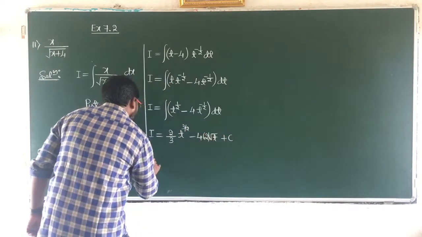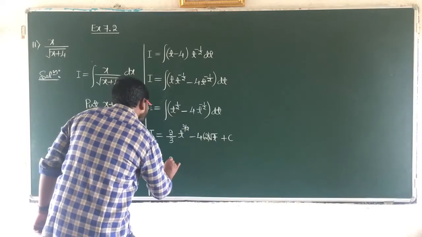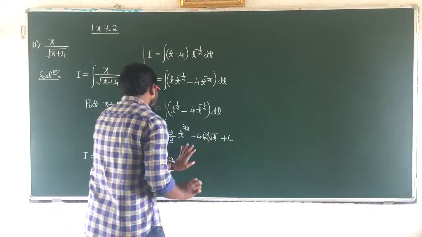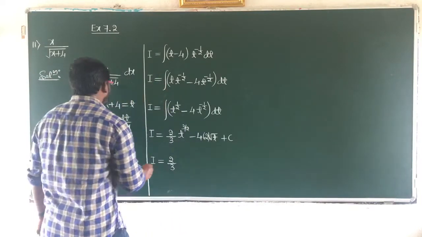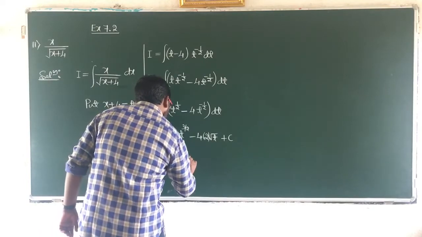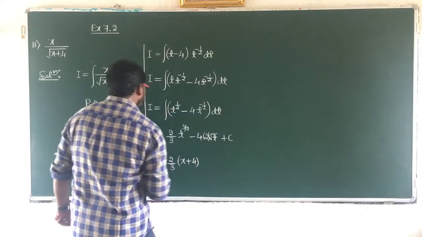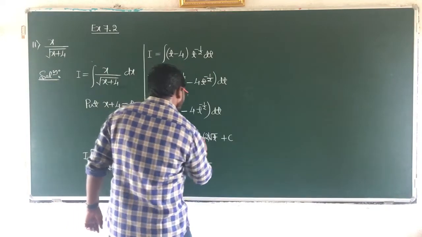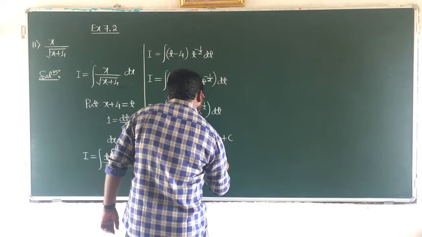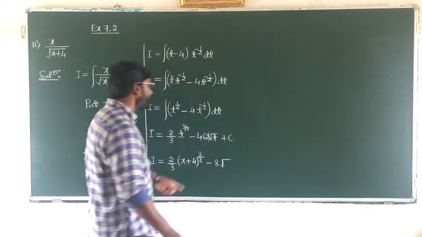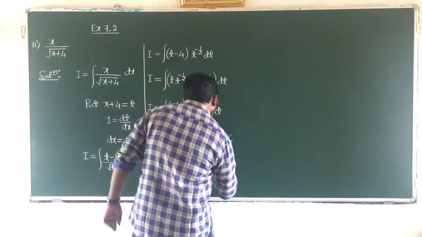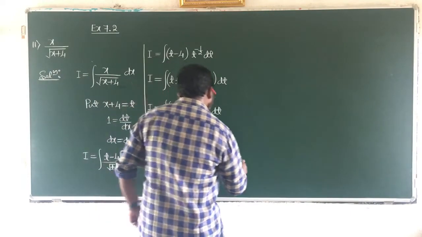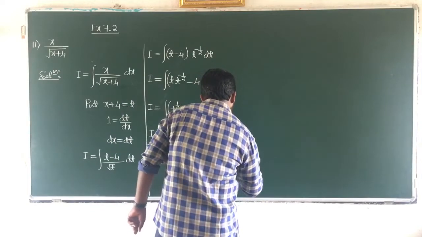So now I is equal to 2 by 3 into, let us replace t here. t will be x plus 4 to the power 3 by 2, minus 4 into 2, it is 8, root t will be root x plus 4, plus c.